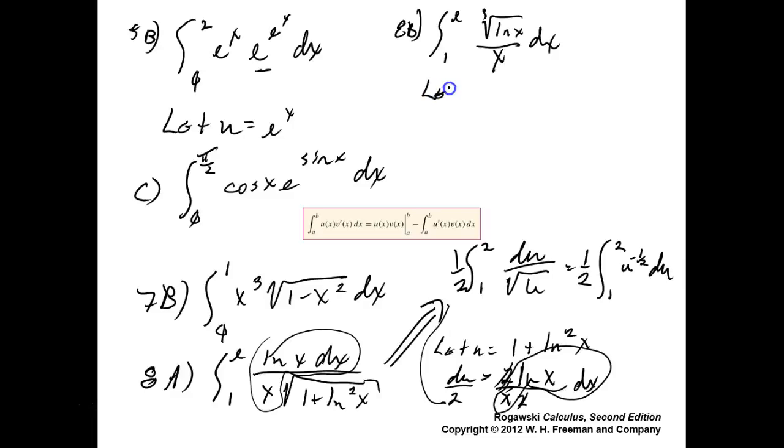Let u equal ln x, I agree with that. Then du is equal to 1 over x dx.